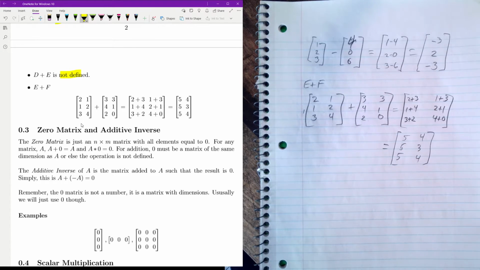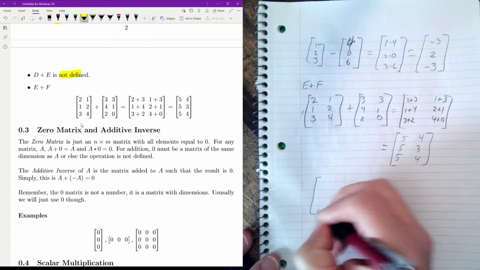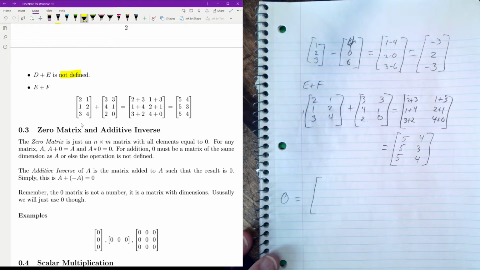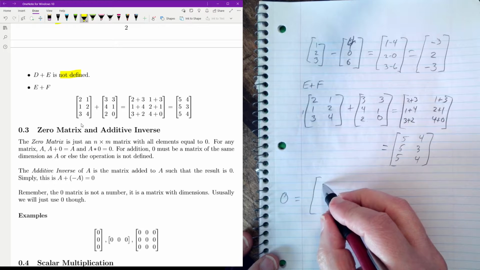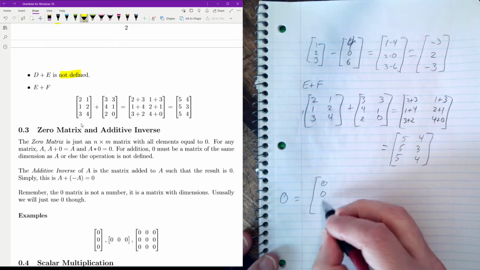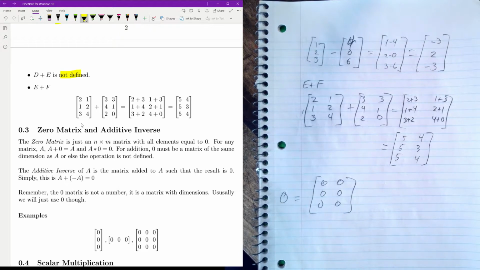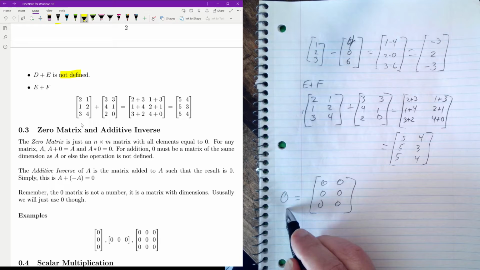And that can come in many forms. Usually we just denote it by 0. And remember, it's a matrix, it's not a number. But it could be 0, 0, 0, 0, 0, 0. So this is a 3 by 2 matrix, but we'll just designate it with 0.